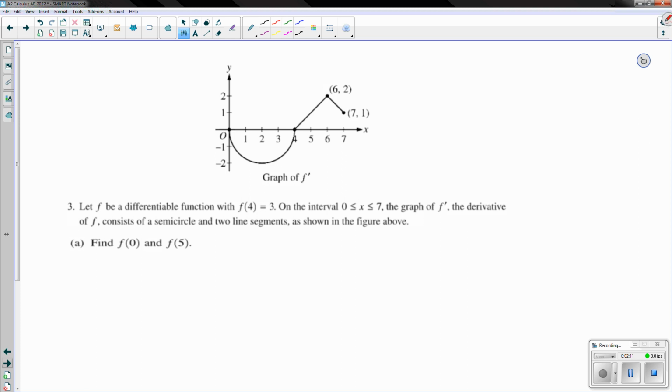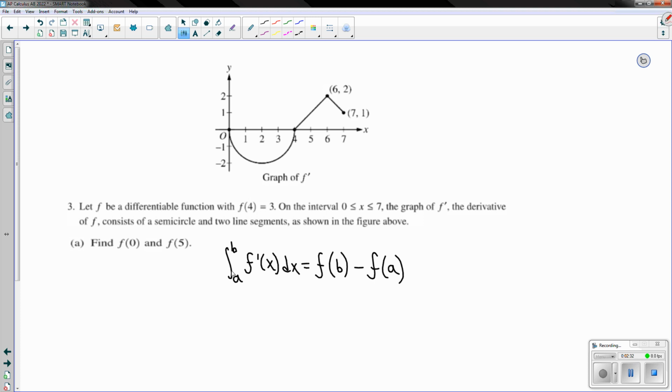Now, if you recall from our fundamental theorem, when we integrate along an interval from a to b of some function, that's going to equal its antiderivative evaluated at the upper bound minus the antiderivative evaluated at the lower bound.